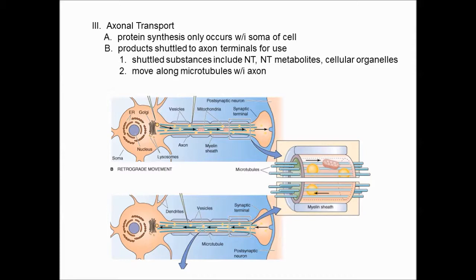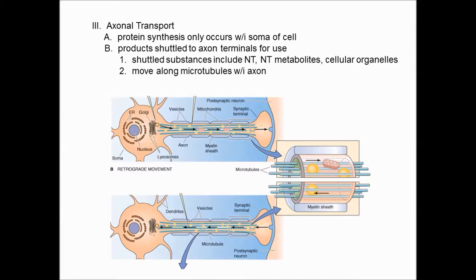So they're put in vesicles out of the Golgi, and then the vesicles are taken to the axonal ending for storage and release, and empty vesicles are actually shuttled back to the cell body as membrane sources. And this whole thing's called axonal transport.